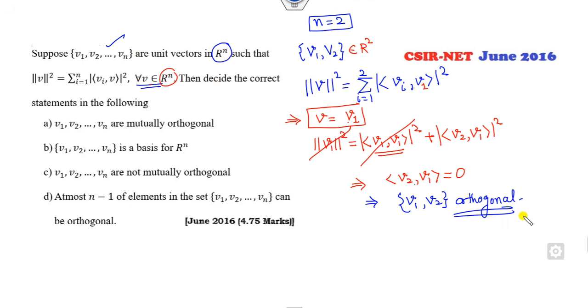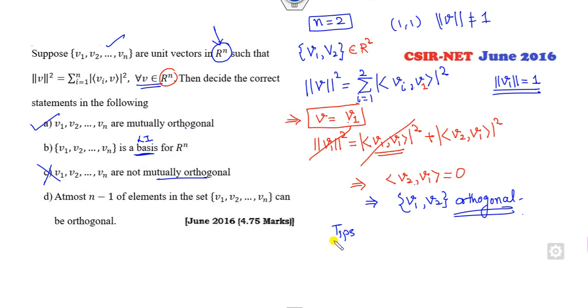It is not orthonormal, because if you want to prove it is orthonormal, then your target is to prove this value must be 1. But it may or may not be, because it is an element of R2. If I consider 1 comma 1, definitely the length of this is not 1. So the orthonormal option is cancelled out. Then, how can you prove that it is a basis? Basis means linearly independent.